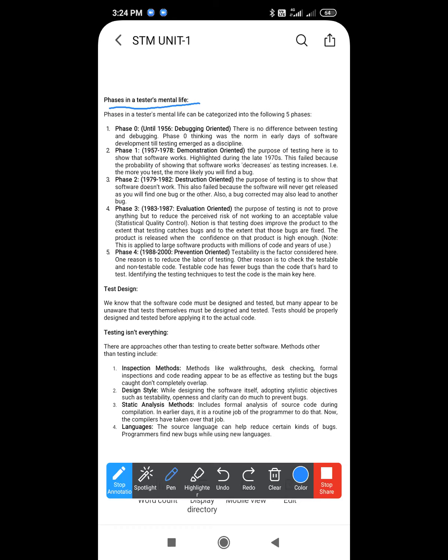And next one is phase 1. In 1957 to 1958, demonstration oriented. The purpose of this testing is to show the software works. Highlighted during the late 90s.